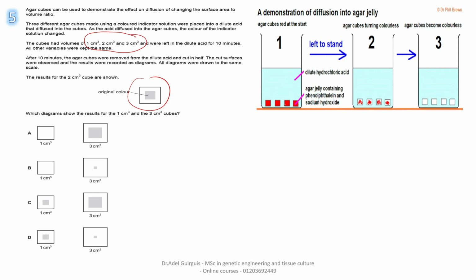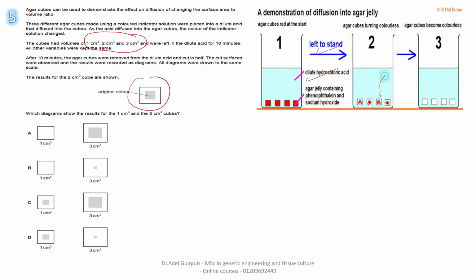The color will be red, like this one exactly. Then after the cubes harden, they are placed inside a beaker containing dilute hydrochloric acid and left to stand for a certain time. What would happen?